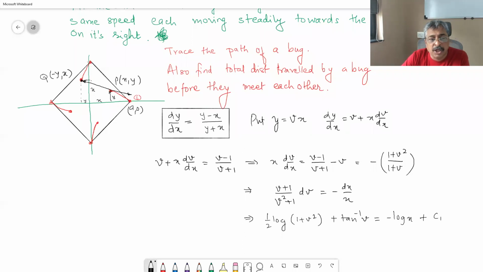Initial condition, when y is equal to 0, x is equal to a. So if we substitute this, we get C1 is equal to log a.